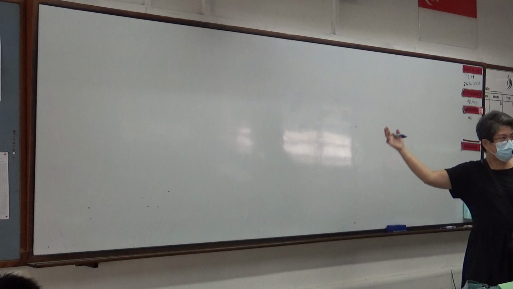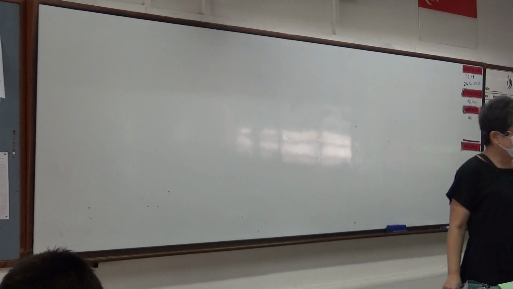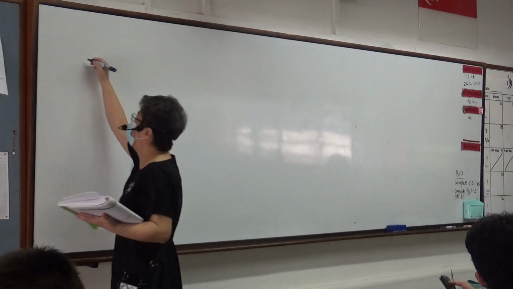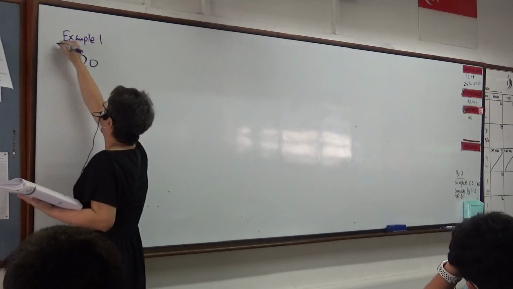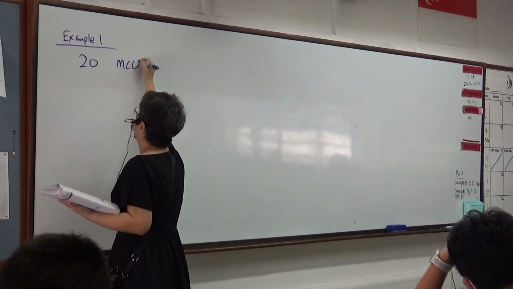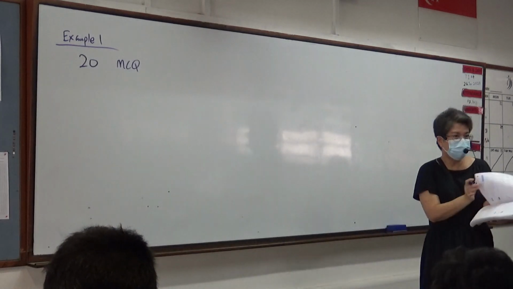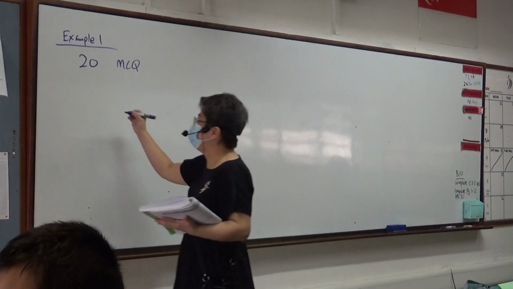Now I'm going to read the question to you. I'm going to write the sequence question on the board. Everybody listen up carefully. This is example 1 in your notebook. An IQ test consists of 20 multiple choice questions. 3 points are awarded for a correct answer.